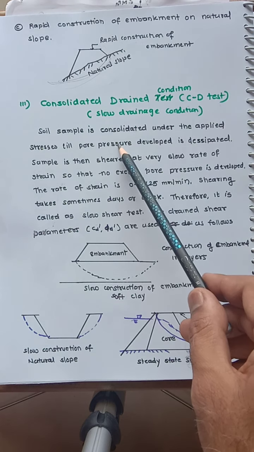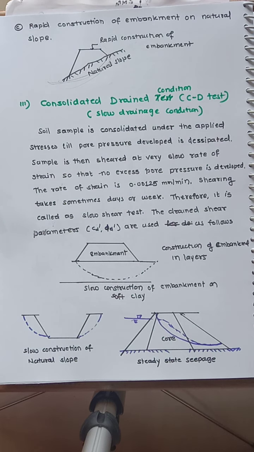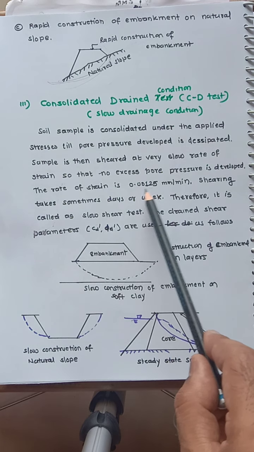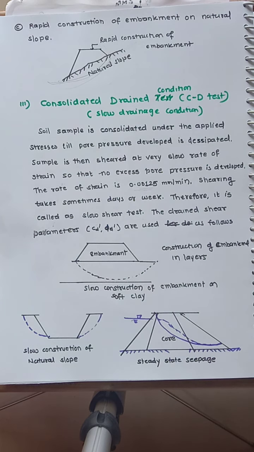So in this case, no pore pressure is allowed to develop, neither in consolidation nor during the shear. In both stages, the pore pressures are zero. So the rate of strain, you can see, is very slow because no pore pressure should develop: 0.00125 mm per minute.